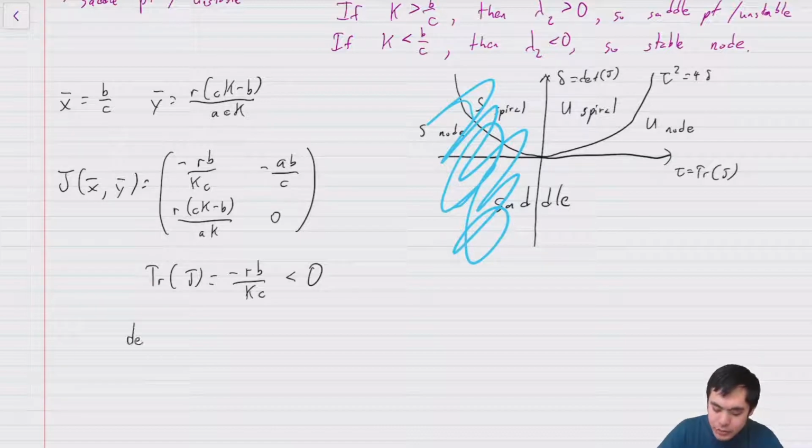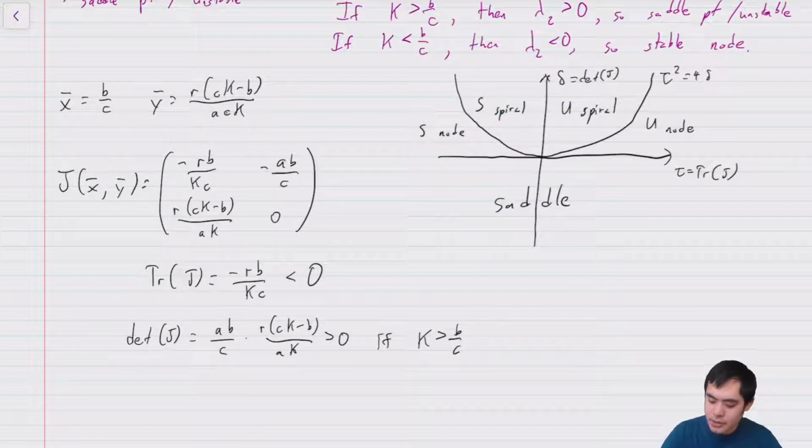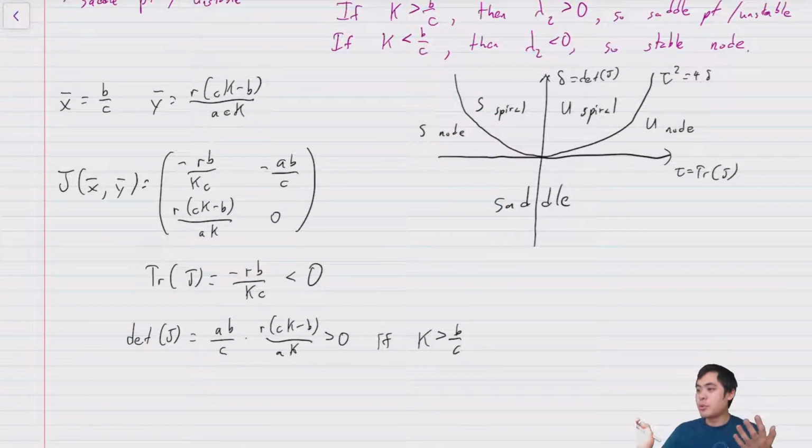Let's take a look at the determinant. The determinant of J is equal to, well, these terms cancel out to 0, and so you only have the other two terms to worry about. The determinant of J is equal to a b over c times r times (c k minus b) over a k, which is greater than 0 if k is greater than b over c. This is, of course, because we only care about this equilibrium when it's positive, so we analyze it when k is greater than b over c.